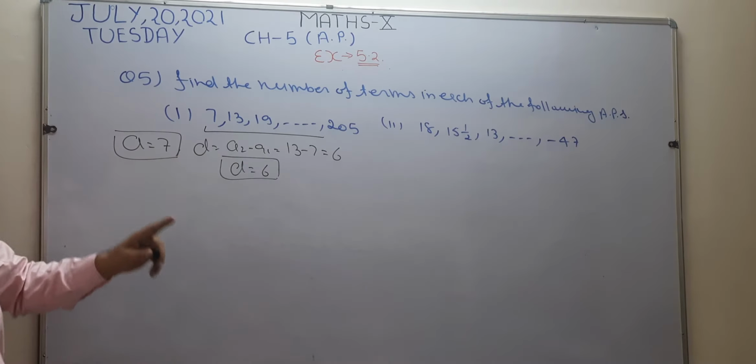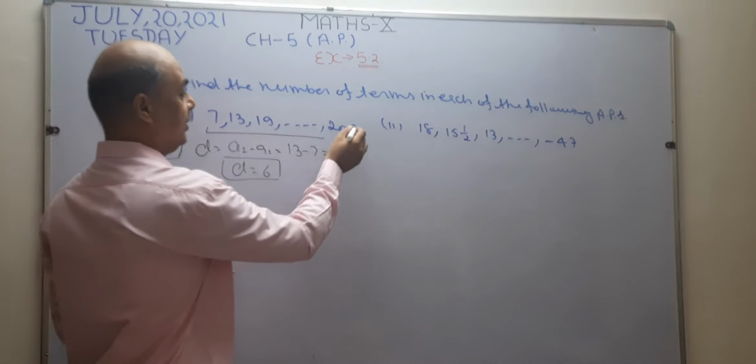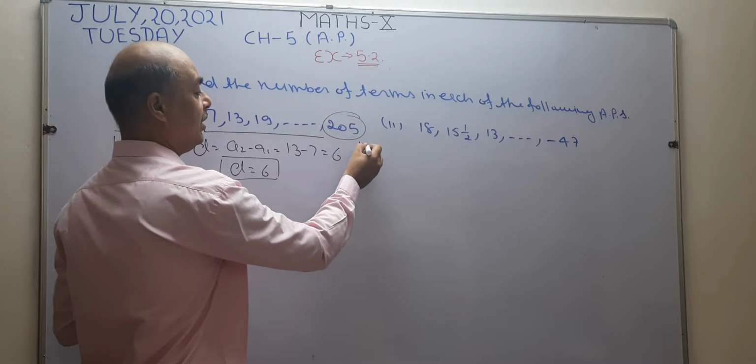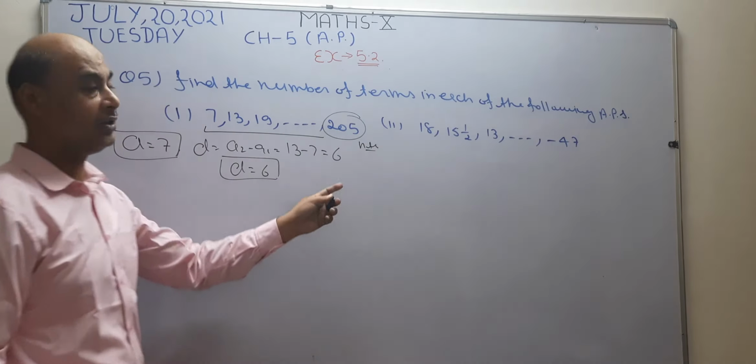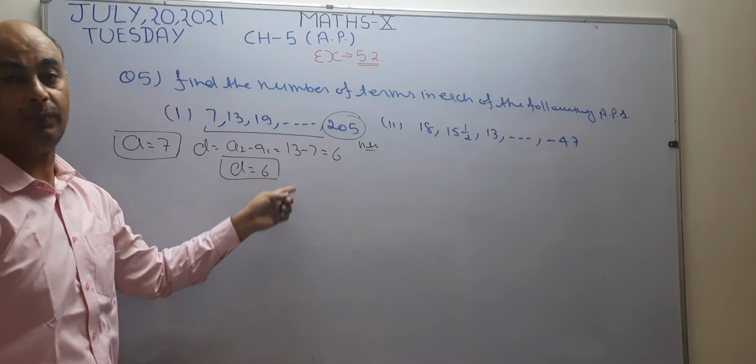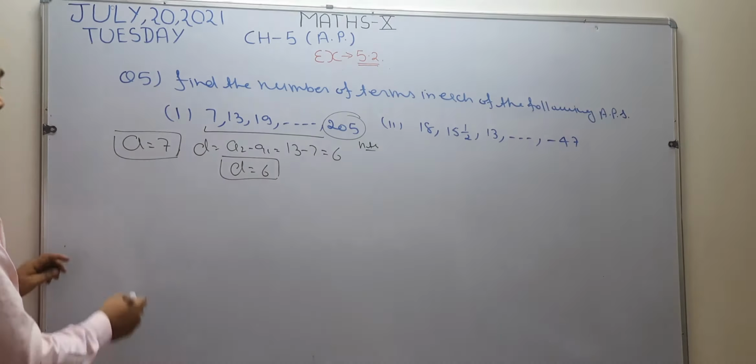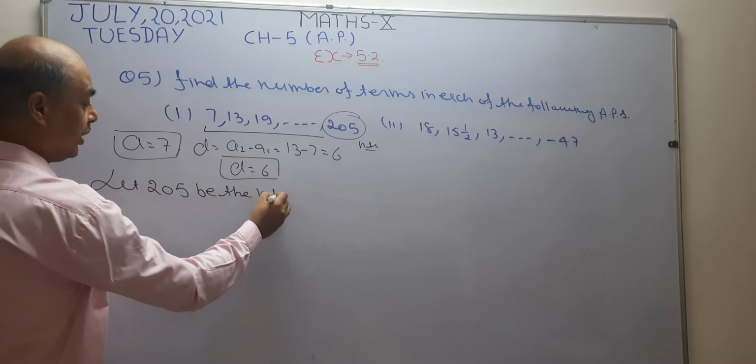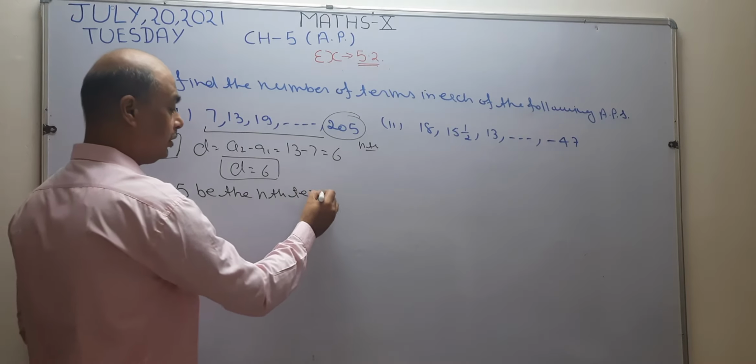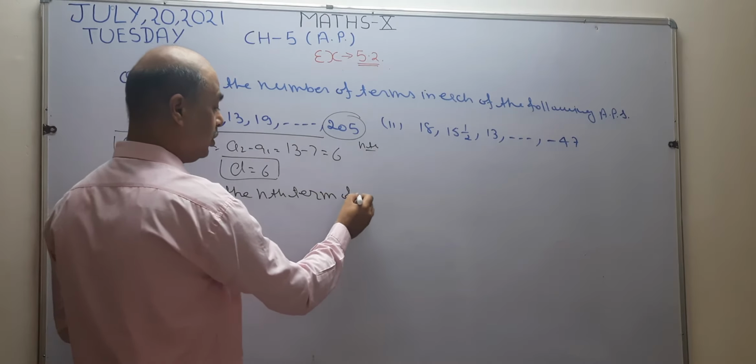After getting the values of A and D, I want to suppose that this last term is the nth term. This last term is the nth term of the AP. So I write here, let 205 be the nth term of the given AP.